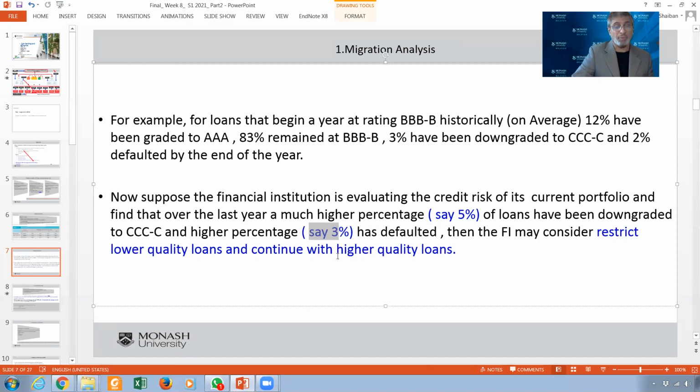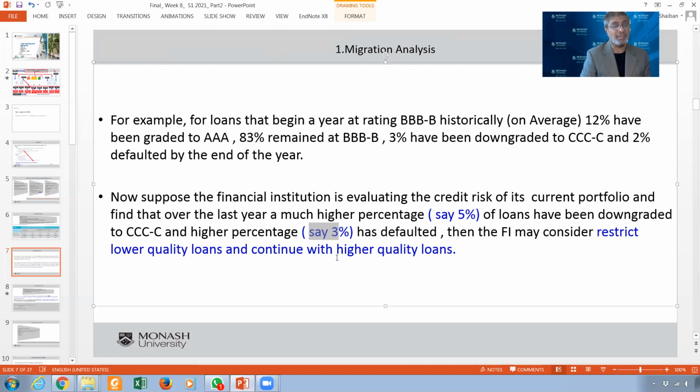It's okay, it's from the same stage, it's from the same group of ranking, but it looks like the companies that you are investing in actually have a higher probability of downgrading and defaulting. So you may consider your portfolio to be changed.